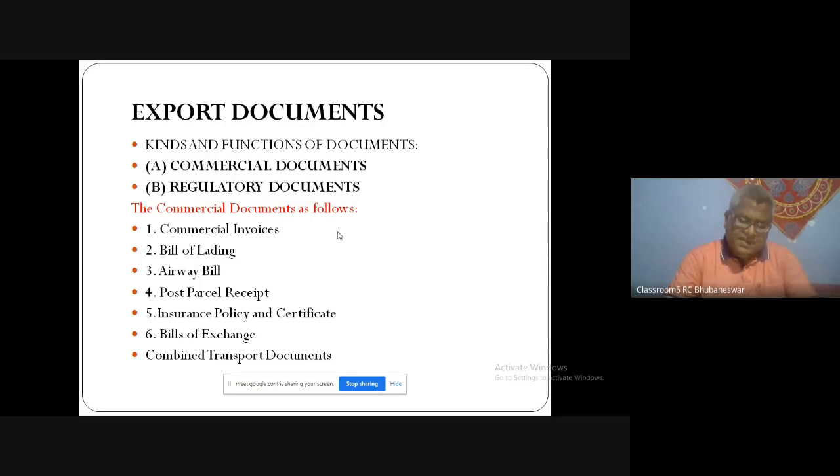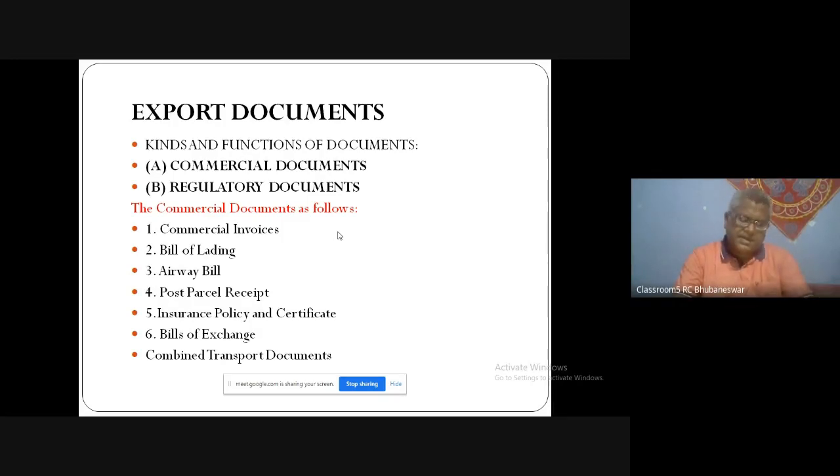Step number 5 is the negotiation of the documents or realization of export proceeds. And the last point is obtaining various export incentives. These are the only 6 steps. But before these steps, the first step is the preliminaries.